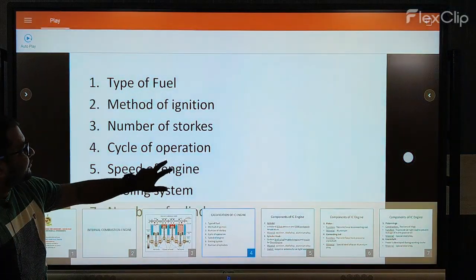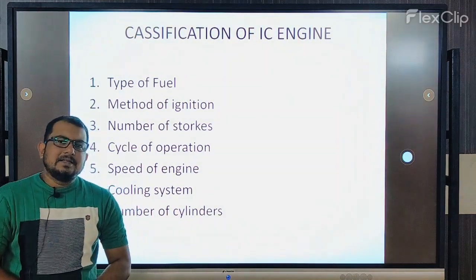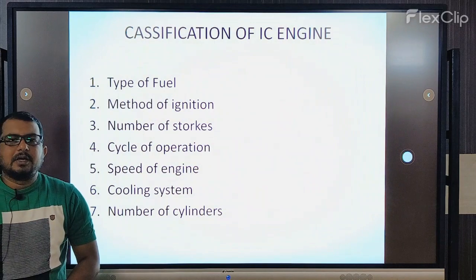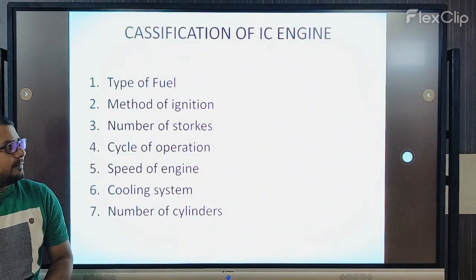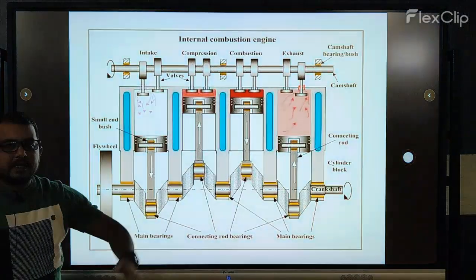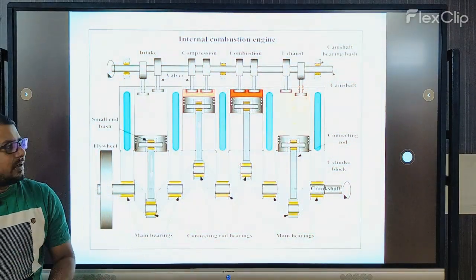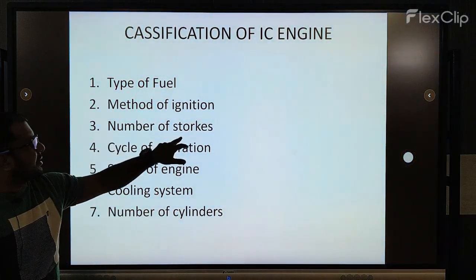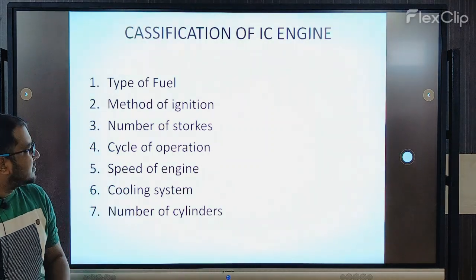According to these 7 parameters, the IC engine is classified. First is type of fuel, whether petrol or diesel. According to method of ignition, whether spark ignition or compression ignition. According to number of strokes, we have 2-stroke and 4-stroke engines.